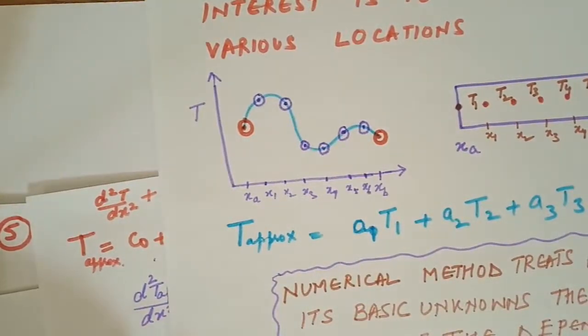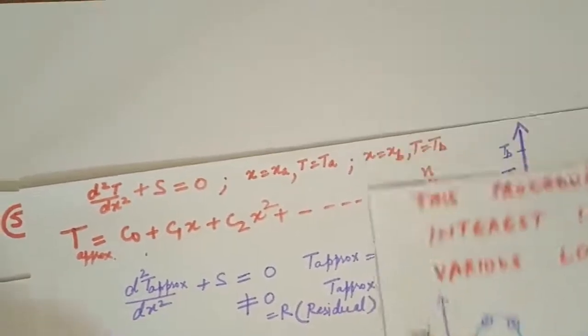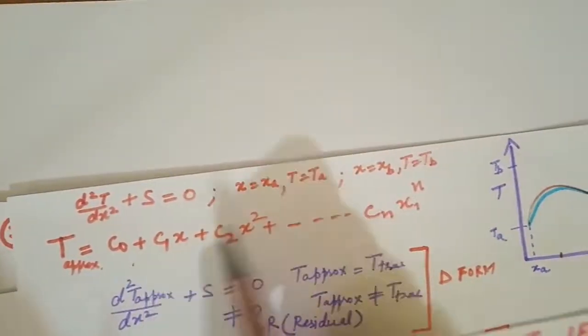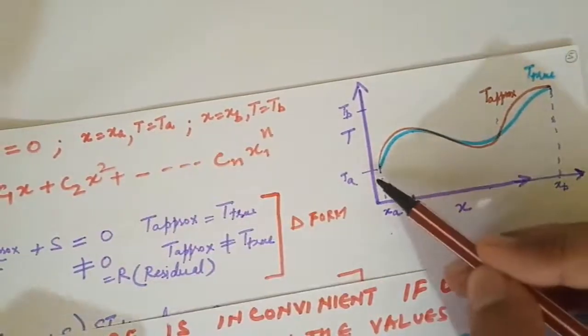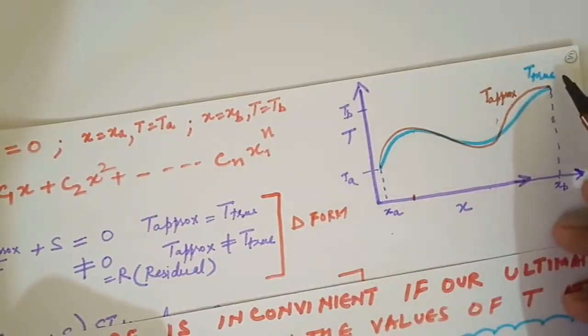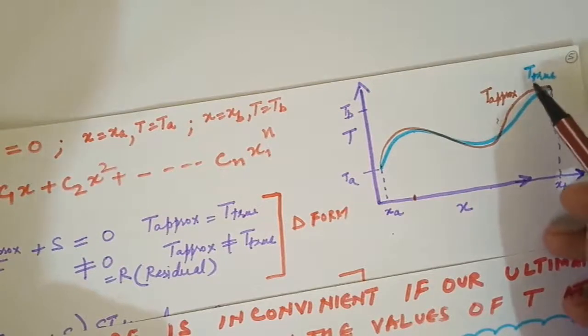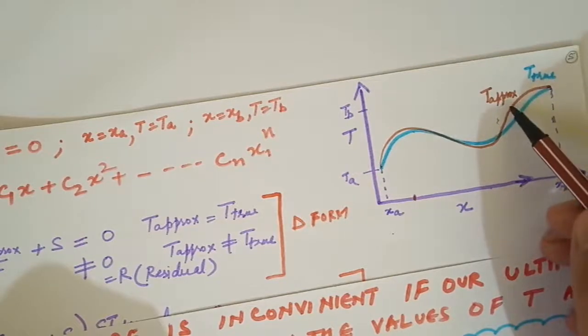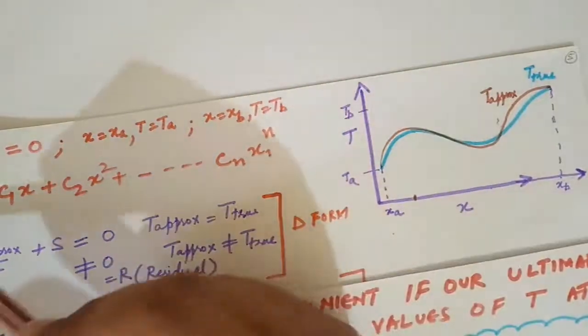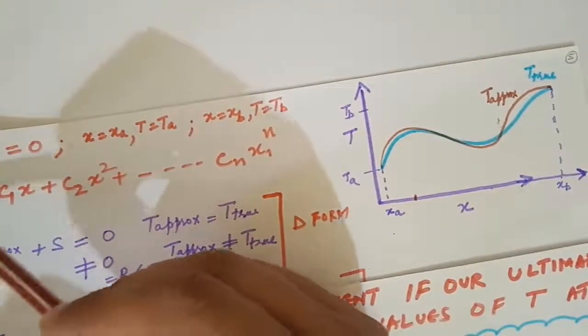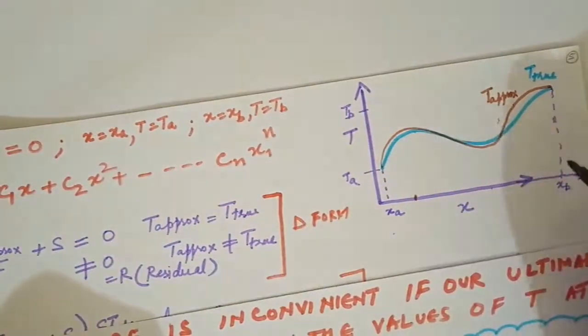To better understand this, in the earlier case this approximating function gave us the solution in the entire domain. That is a different matter, whether we got how close the approximating solution was to the true solution, but essentially we got the solution for the entire domain.